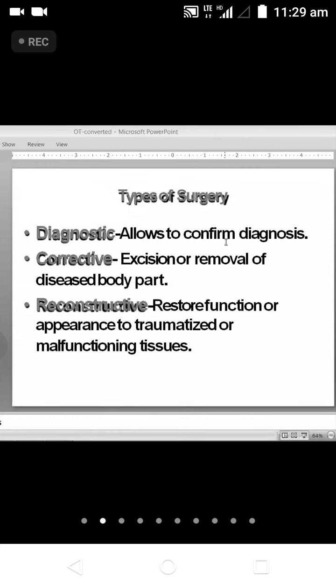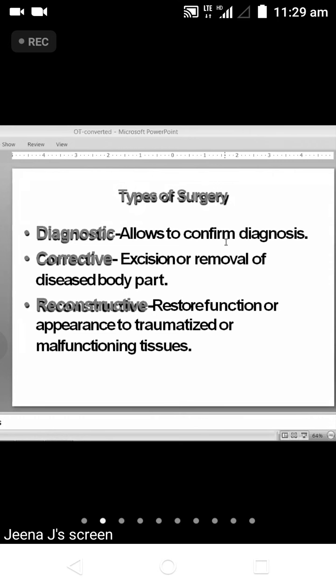Can you give any examples for diagnostic surgeries? Laparoscopy, very good. It is endoscopy, various types of endoscopy: laparoscopy, gastroscopy, biopsy, colonoscopy, several types.